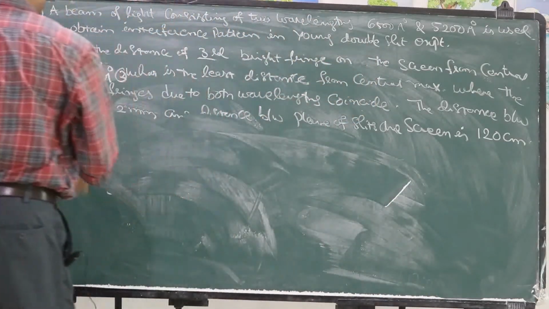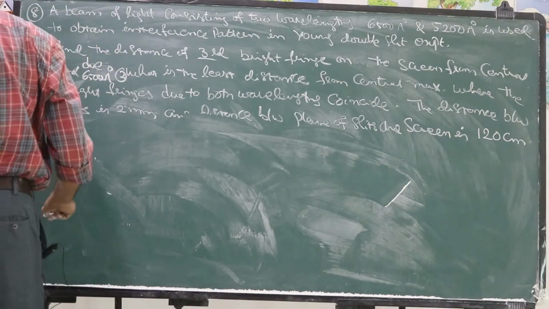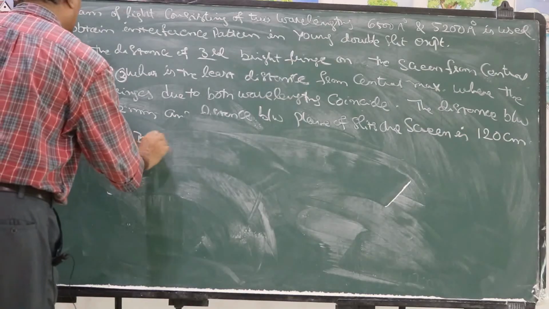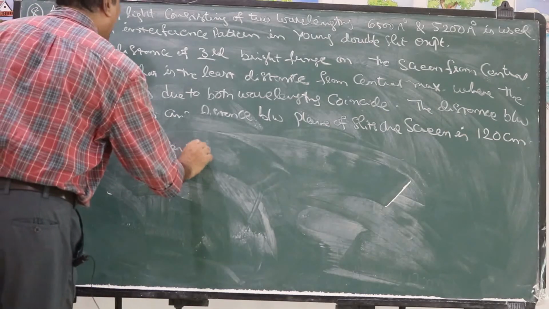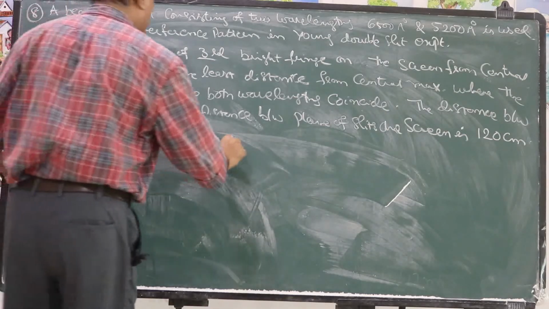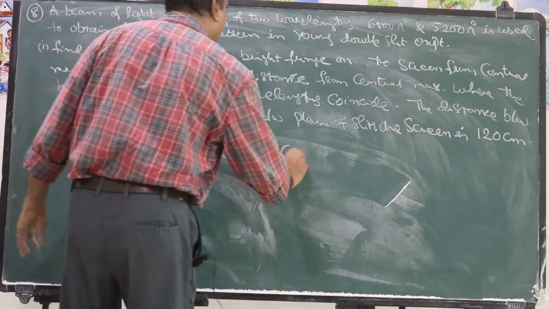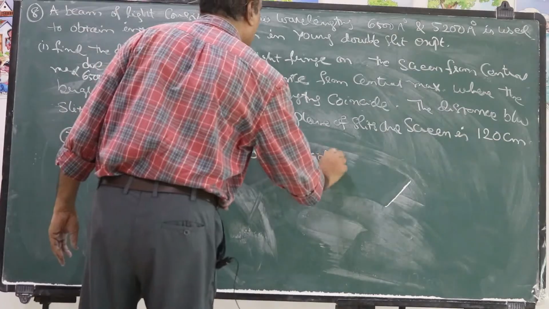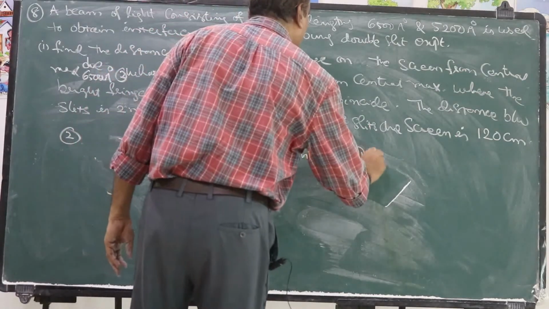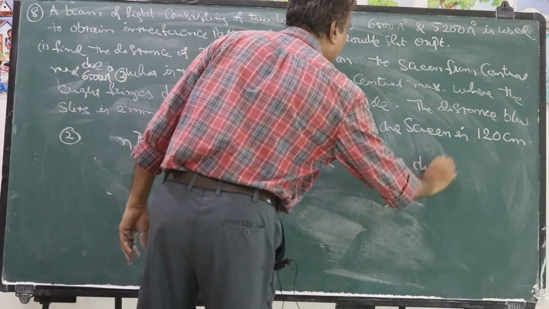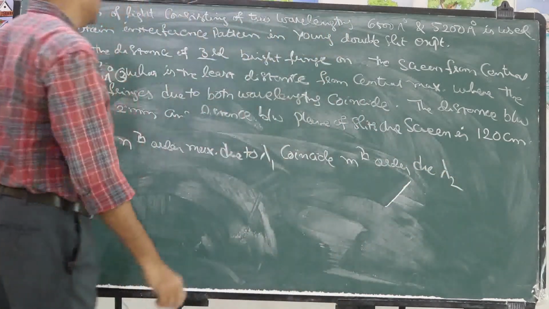So for the second one, solution: let nth order maximum due to wavelength lambda 1 coincide with mth order due to lambda 2. So that is the condition.